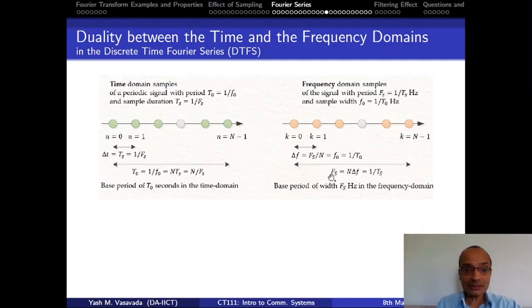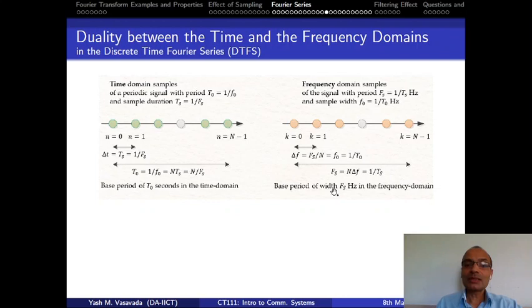This we have seen earlier. Furthermore, because we are assuming that the signal is periodic in time domain, the period becomes t naught, which is n times t of s. And the inverse of t naught, which is f naught, becomes the sampling interval in the frequency domain.